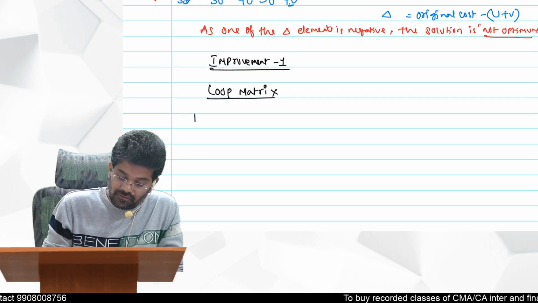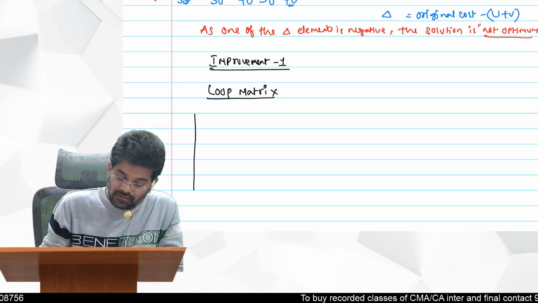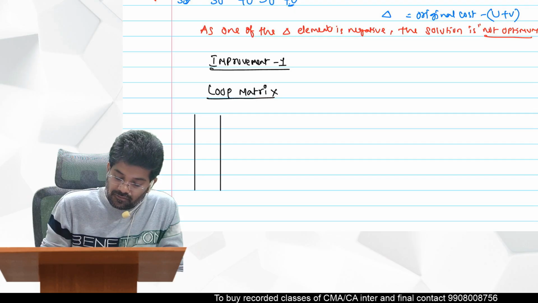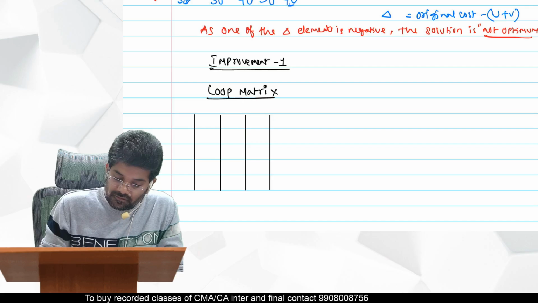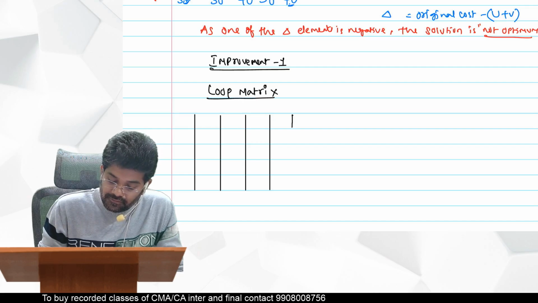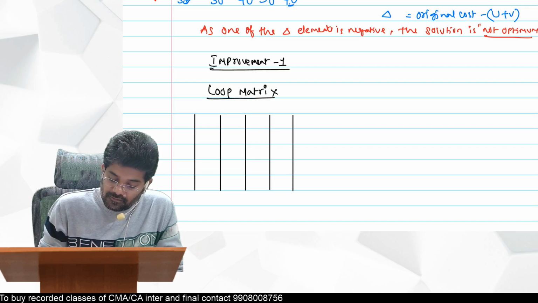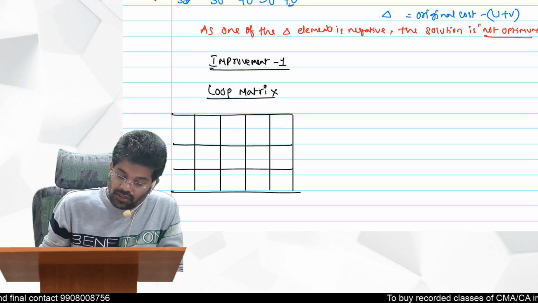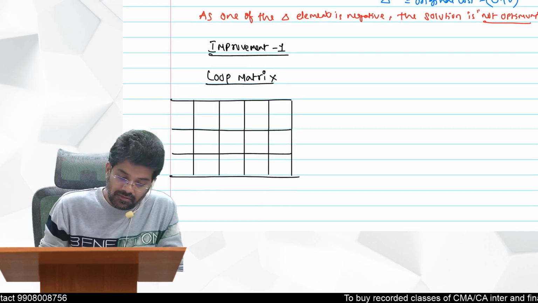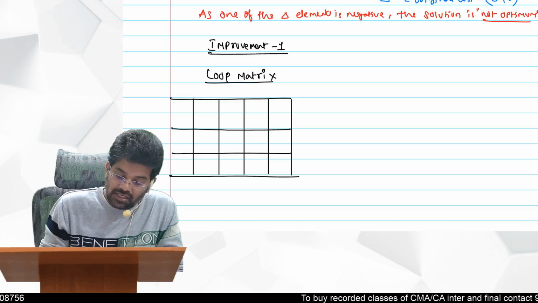So 1, 2, 3, 4, 5. Okay, now this is called a loop matrix.